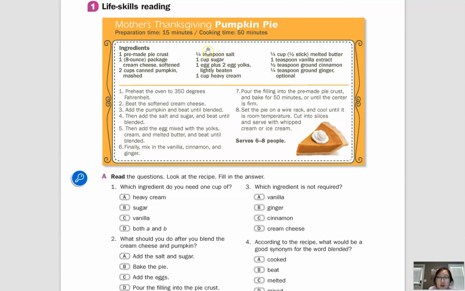So you have to measure it using things like teaspoons or cups. Same thing with heavy cream, butter. These are non-countable nouns. And when you see a fraction, like 1/4, you can read it like 1/4 teaspoon salt, or you can read 1/4 teaspoon of salt.